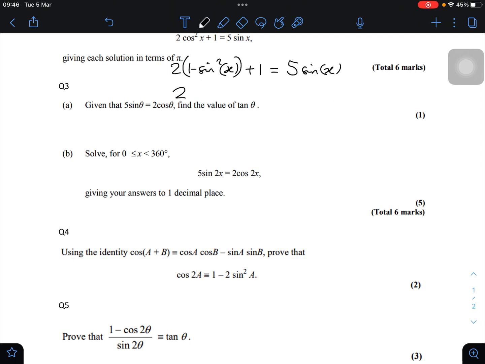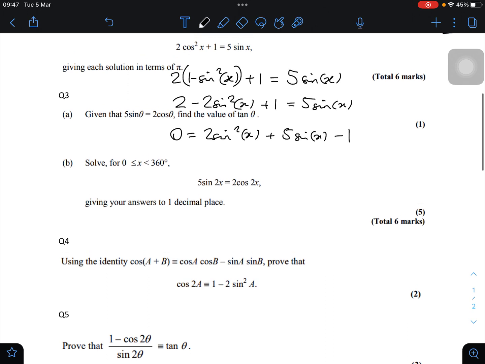So we get 2 minus 2 sine squared of x plus 1 equals 5 sine of x. Taking everything to the right hand side, I get 0 equals 2 sine squared of x plus 5 sine of x minus 1.